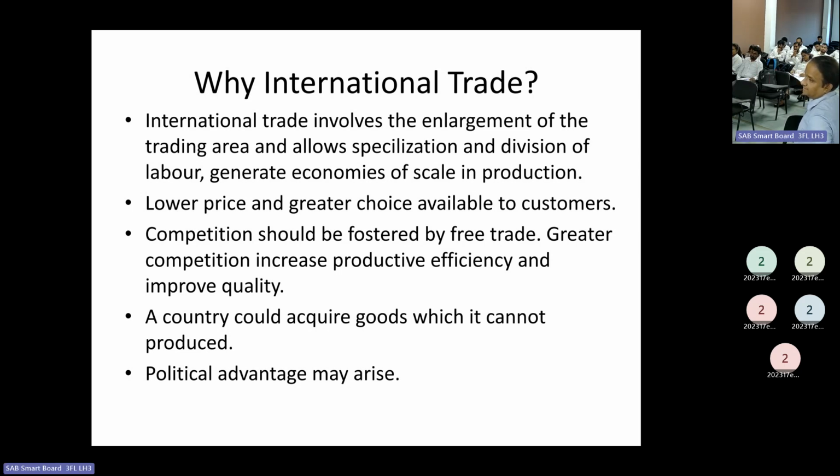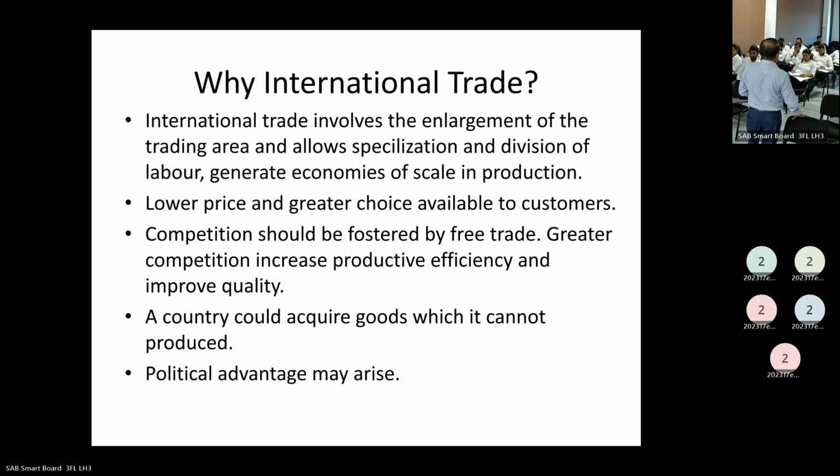And also the price: lower prices and greater choice for the customers. If we are importing from other countries rather than producing on our own, we can import at a lower cost, and the benefit will pass to the customers.